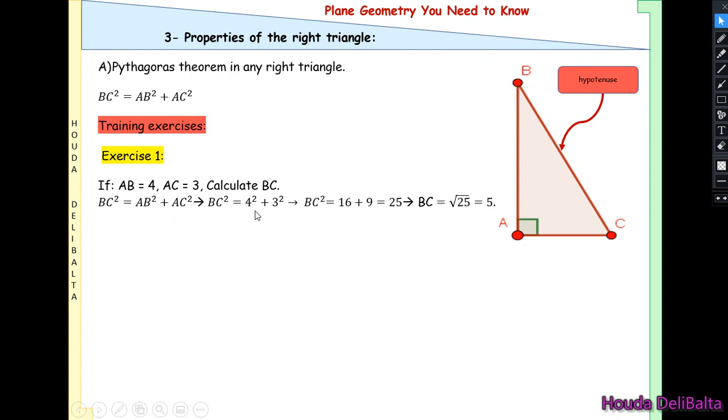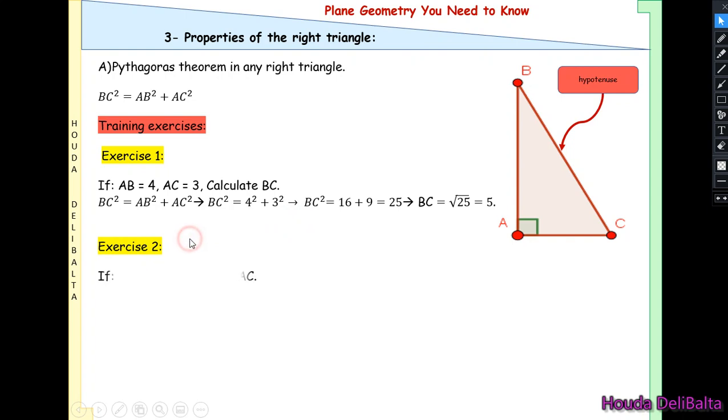So just evaluating, BC squared equals 4 squared plus 3 squared, then 16 plus 9, which is 25. And thus, BC squared equals 25. Then what about BC? We just make radical for 25, and the answer is 5. The measurement is always positive, so we don't have to put plus or minus. BC is just the radical of 25.